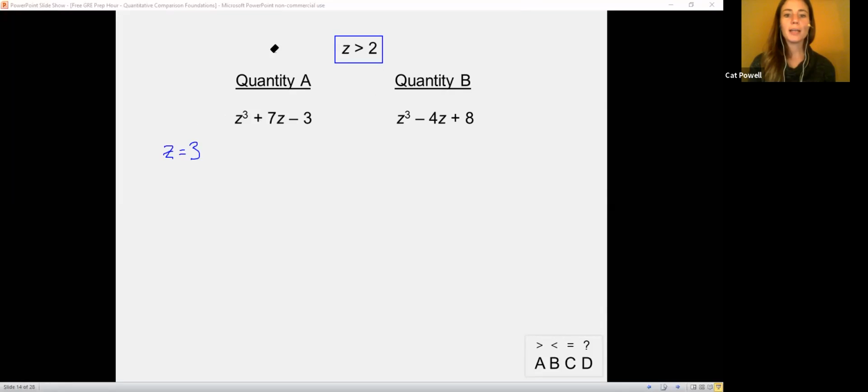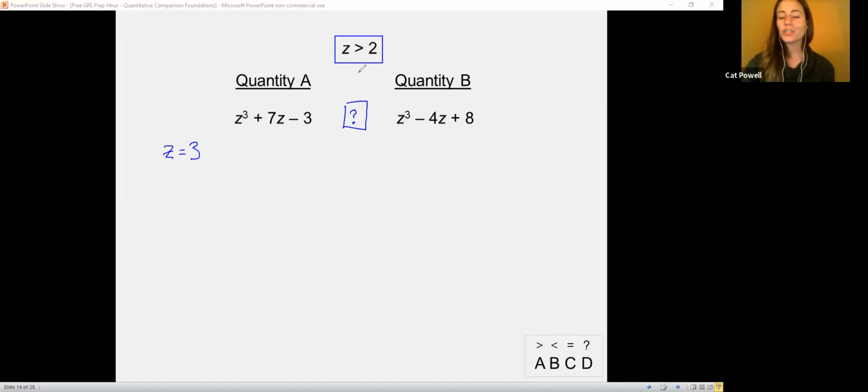So Sean had a nice suggestion, which is to put a box with a question mark here. And this box is here to remind me of 2 things. The first is that this question is asking me, how does quantity A relate to quantity B? I'm not necessarily being asked to calculate exactly what quantity A or quantity B is. I'm just comparing them.